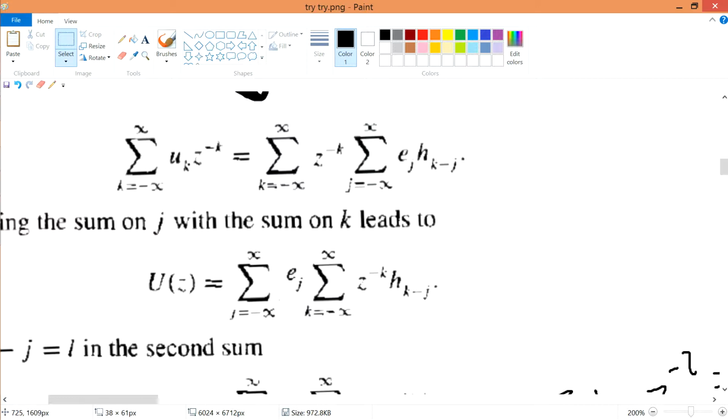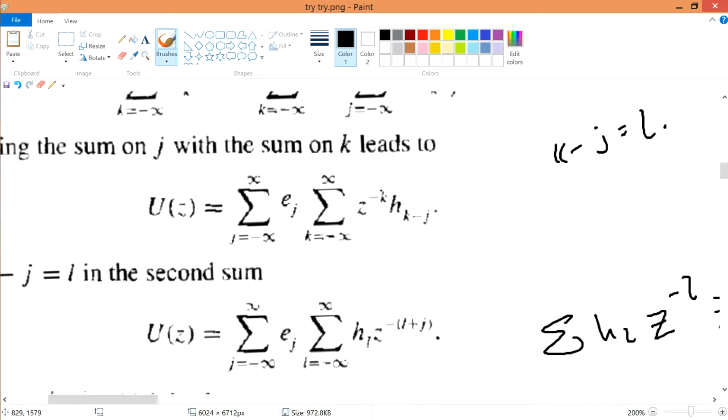So this is what it looks like over here. Therefore the next step I do is to use k minus j equals l, so that it becomes like this, correct?